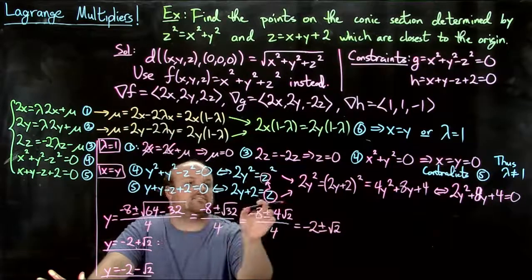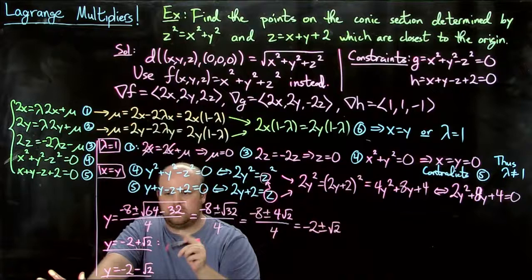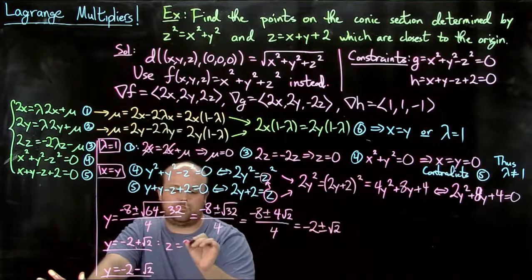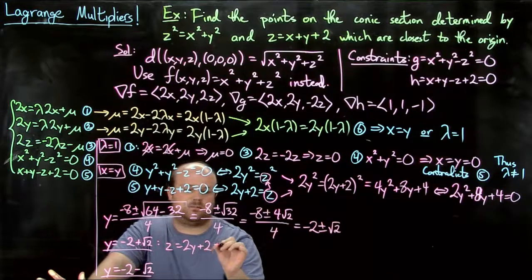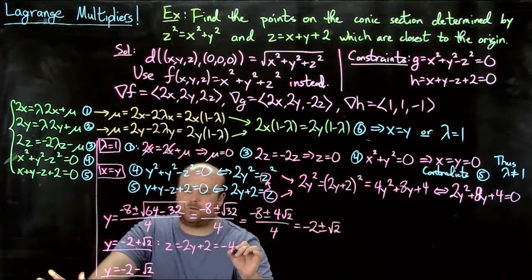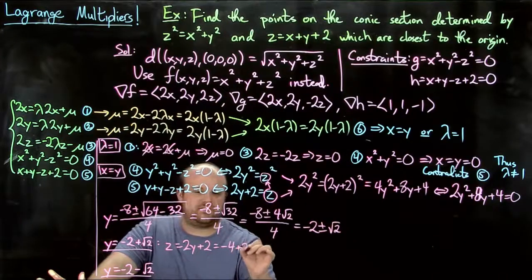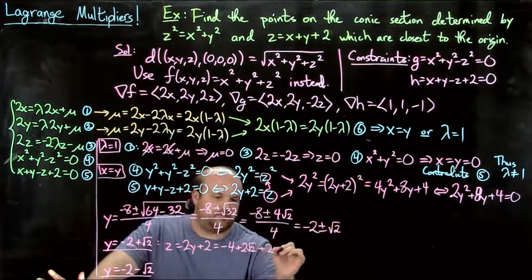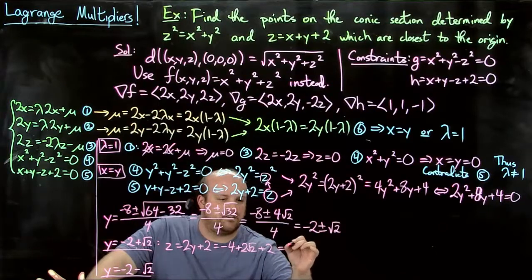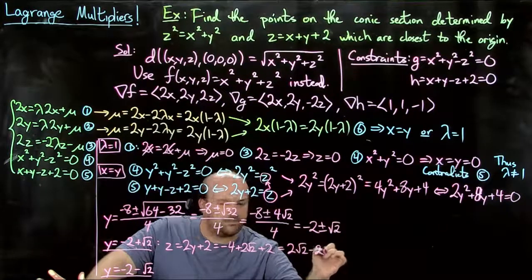In the first case, z is 2y plus 2, so z is going to be negative 4 plus 2 root 2 plus 2. So it's 2 root 2 minus 2.